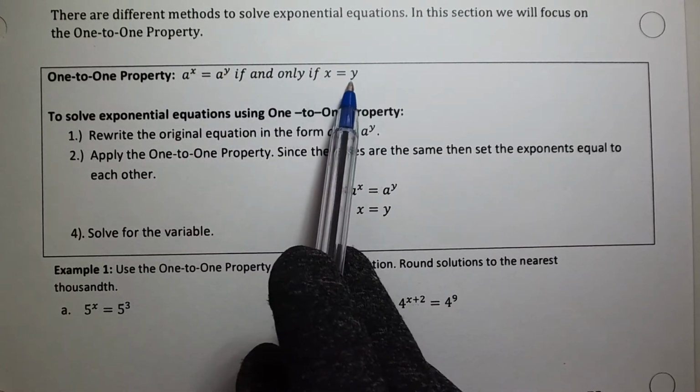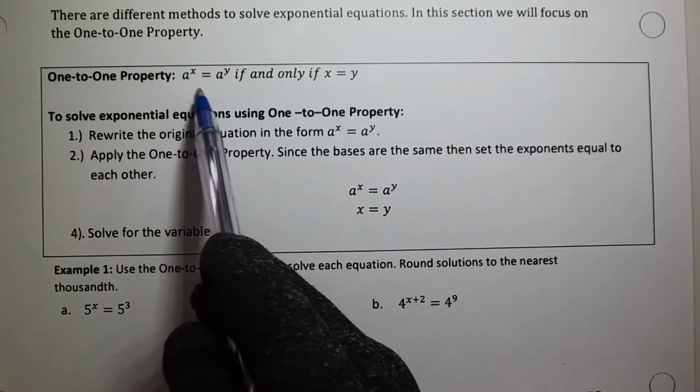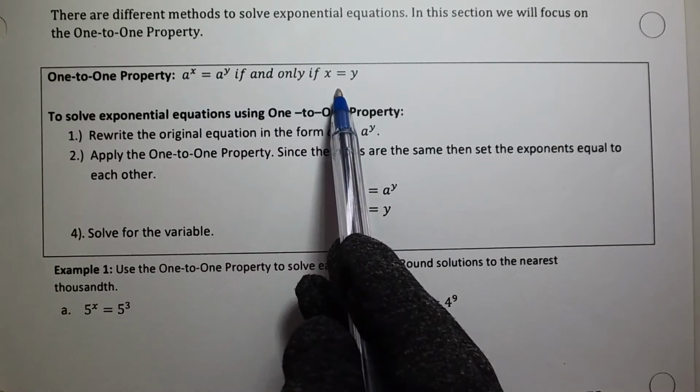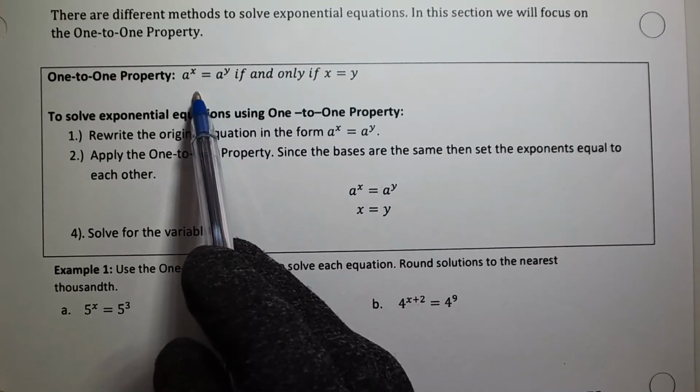So it means x is equal to y. We call it one-to-one because if you have the left side, you can find the right side, or if you have the right side, you can find the left side.